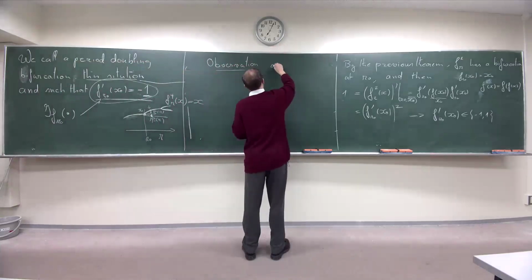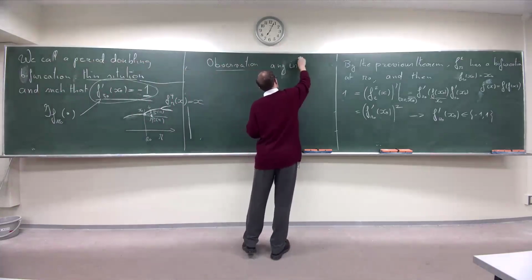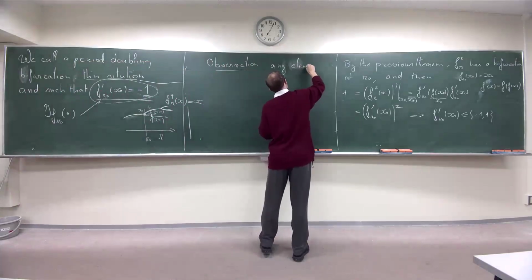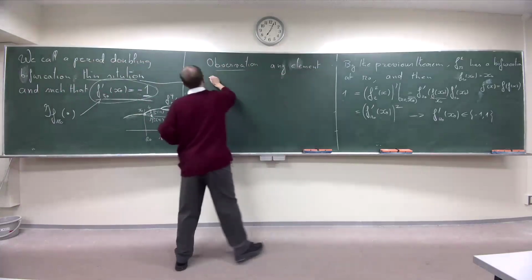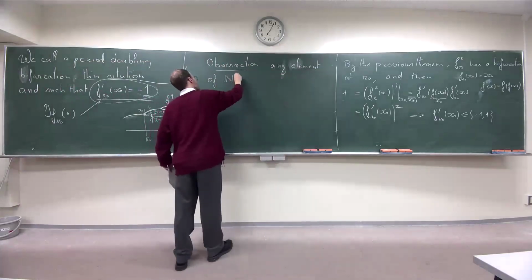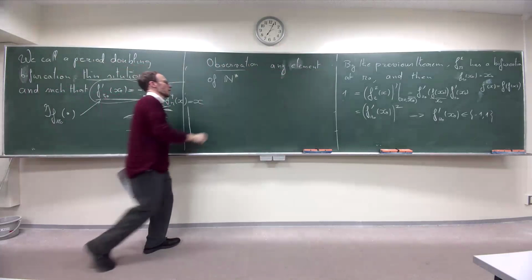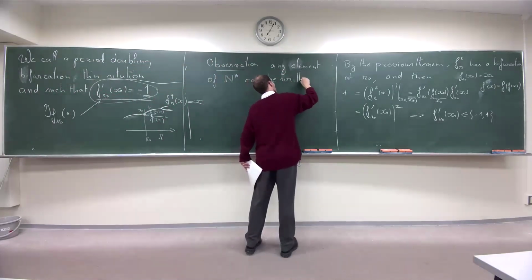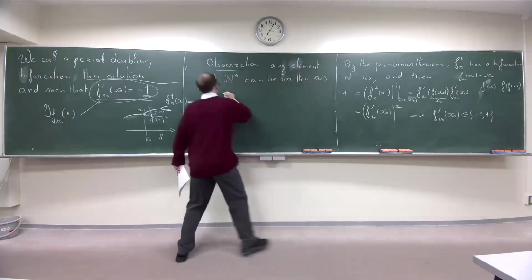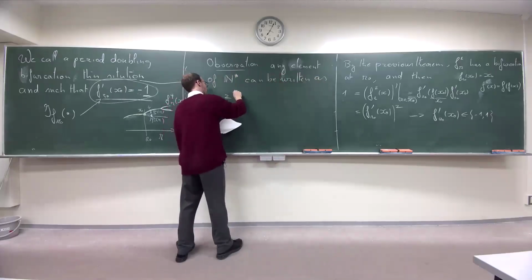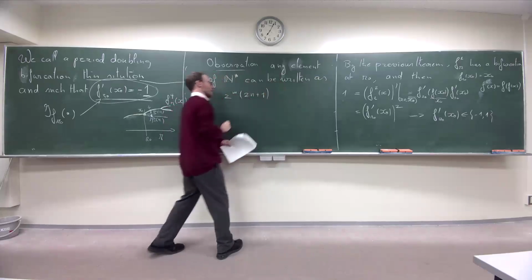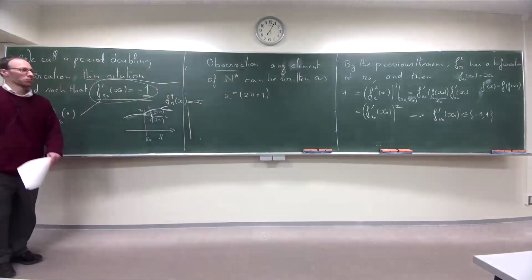No, it's not surprising. Any positive integer, so any element of N star, because I don't want 0, can be written as 2 to the power m times (2n plus 1). I'll let you check.